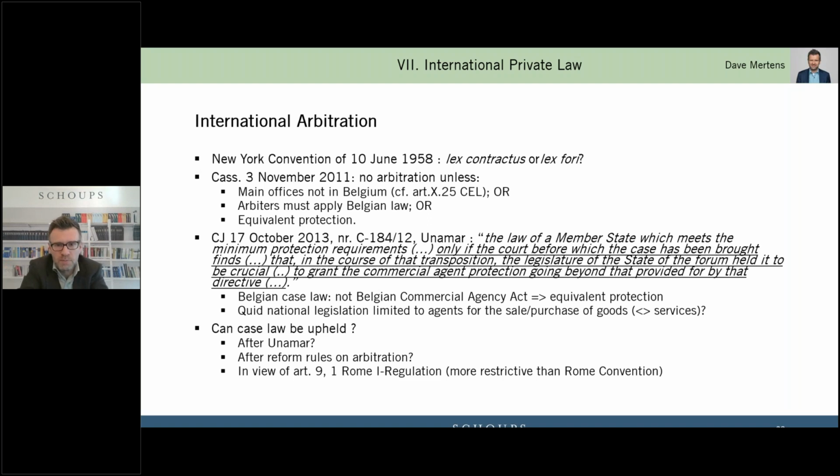The last point, I realize that I have very little time left, arbitration. In the international context, arbitration could be an extremely valid option, governed by the New York Convention of 58.